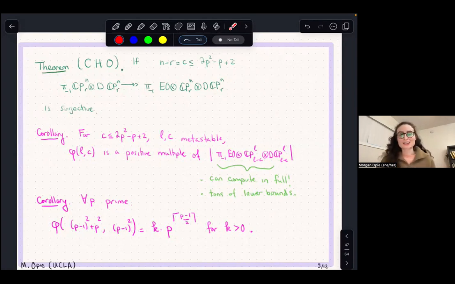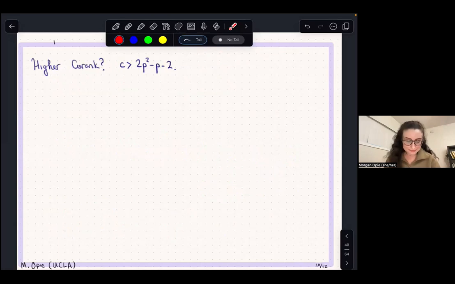So the kernel is very large, and in some sense, the thing that I'd really like to be able to say is I'd like to give a surjection onto this group. So I know for all but finitely many primes, I can compute the p-divisibility in full. For primes that are small relative to the co-rank, but not that small, I can get some lower bound. Well, it would be nice to get an upper bound, but that would require different techniques.